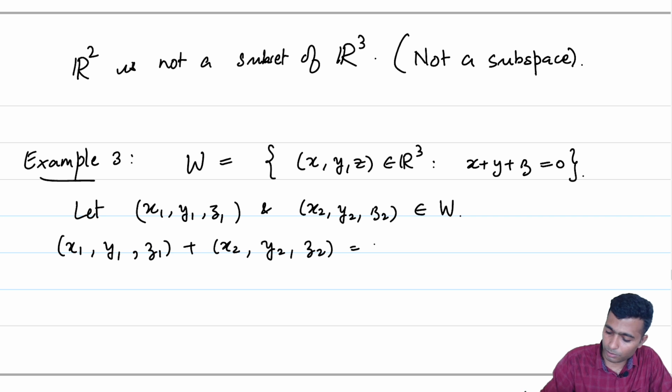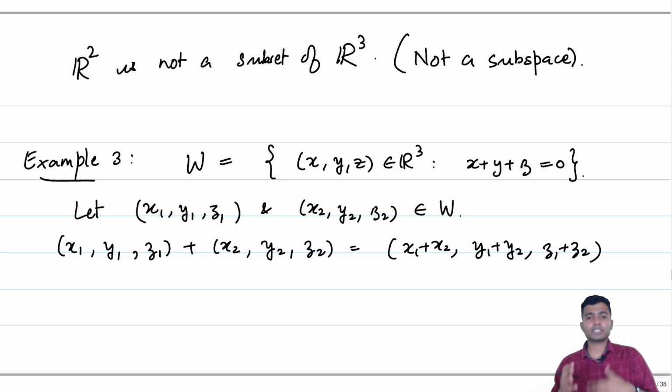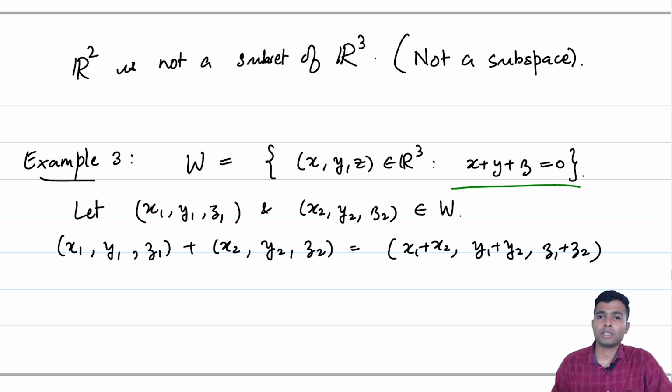This is equal to x1 plus x2, y1 plus y2, z1 plus z2. Now, the question is, does this belong to capital W? We will check by checking whether the coordinates add up to 0.